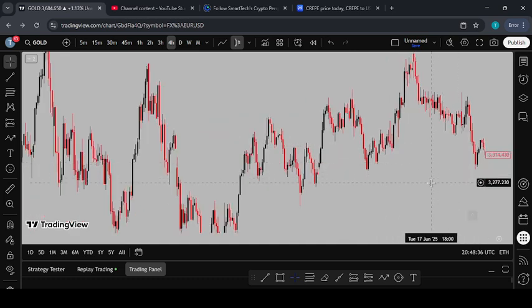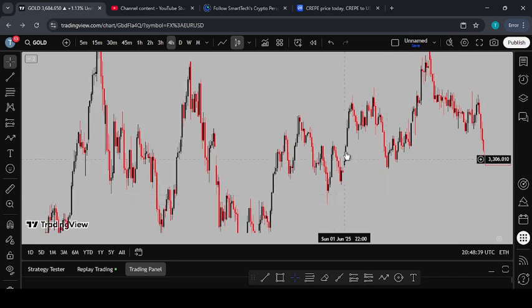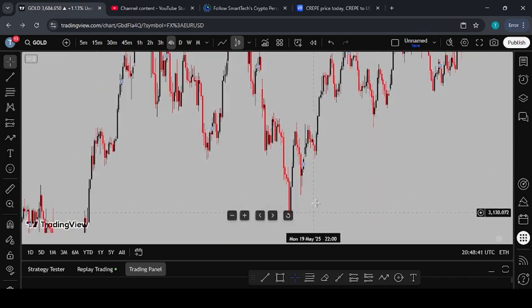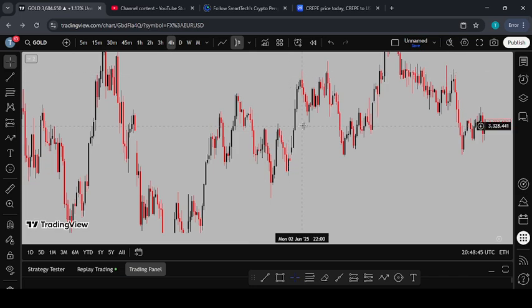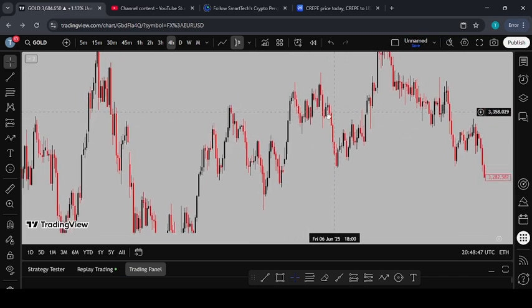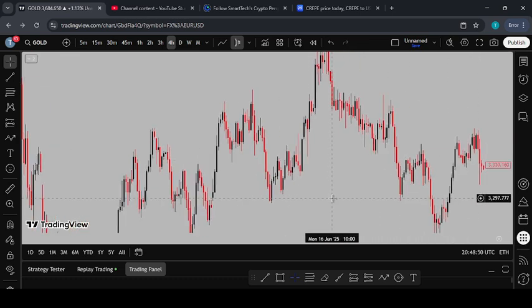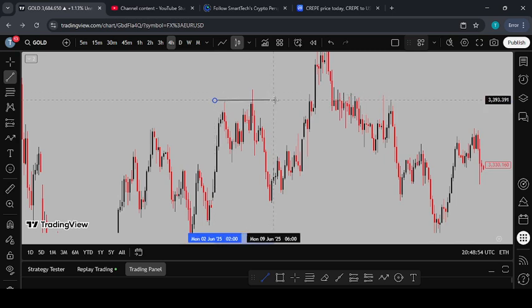So you can see the market here. We had the market creating this upward movement. Then all of a sudden, the market created a high, a low, then pulled up and swept this liquidity right here, right?